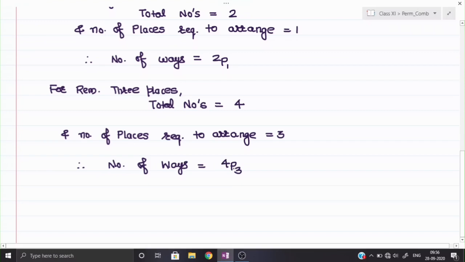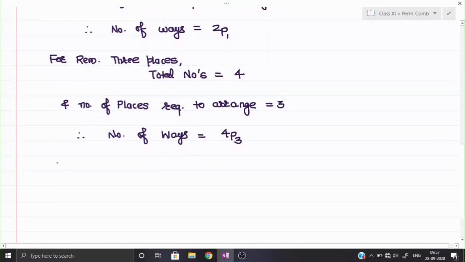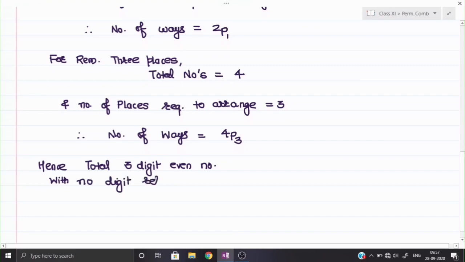Now further we can say that hence the total 4 digit even numbers with no digit repeated is equal to, first of all, 4P3 multiplied with 2P1.